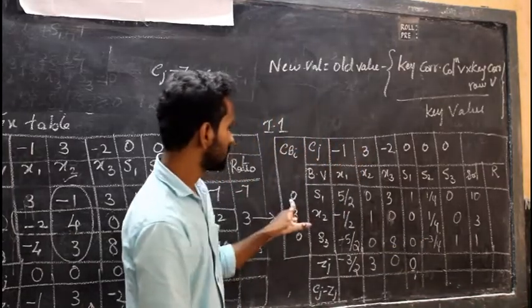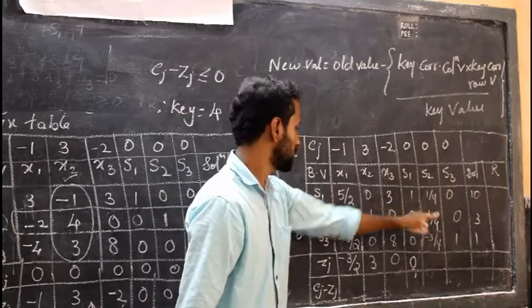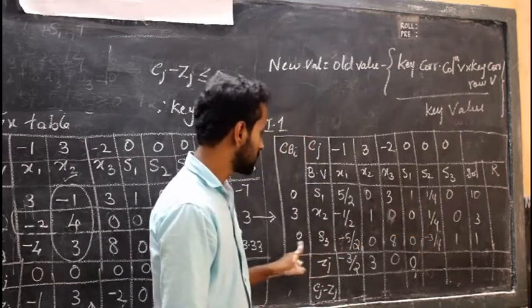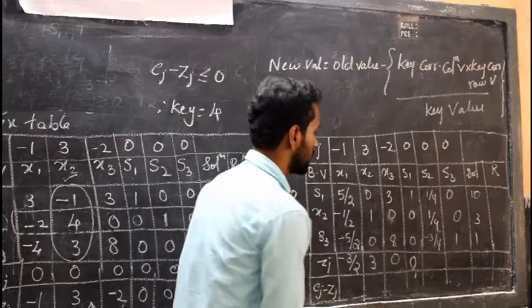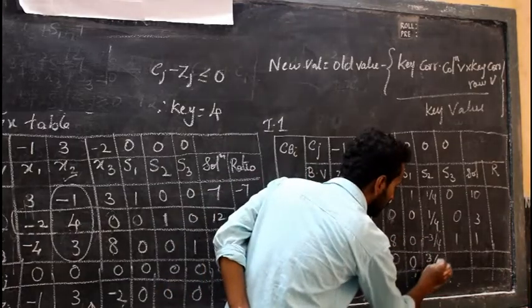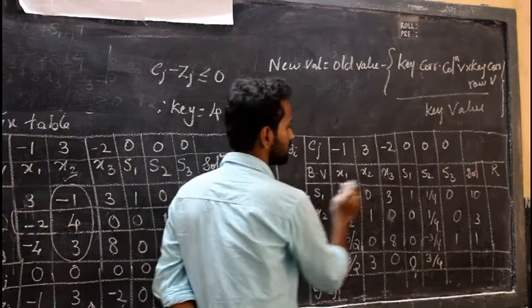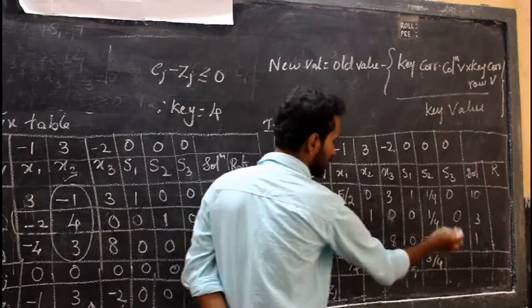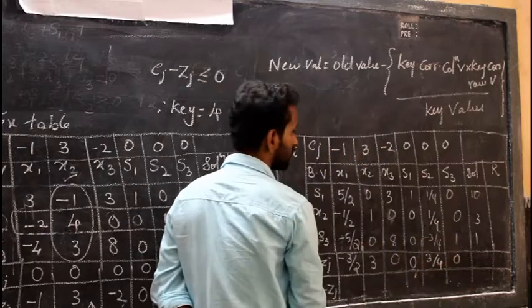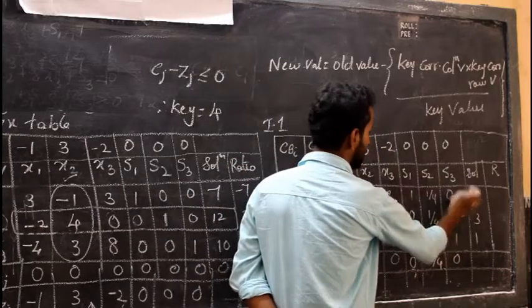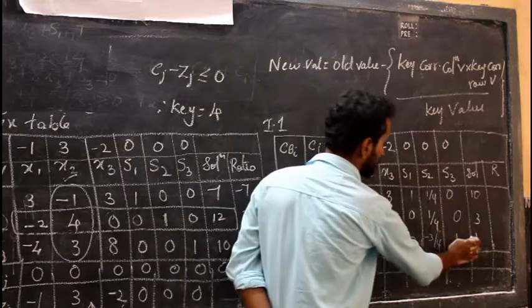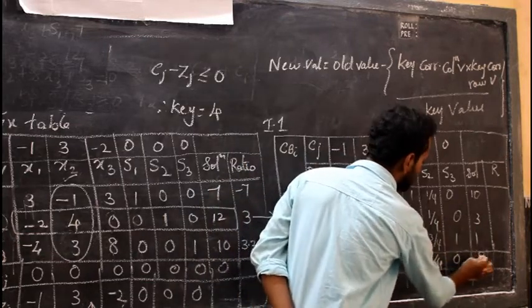Next again 0 into 1 by 4 is 0, plus 3 into 1 by 4 is 3 by 4, plus 0 into minus 3 by 4 is 0. I will be getting 3 by 4. Here 0 into 0 is 0, plus 3 into 0 is 0, plus 0 into 1 is 0. Now here 0 into 10 is 0, 3 into 3 is 9, plus 0 into 1 is 0, that becomes 9.